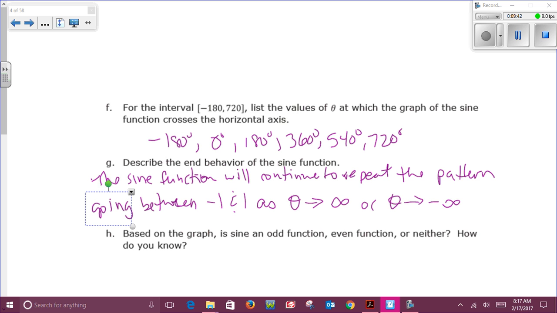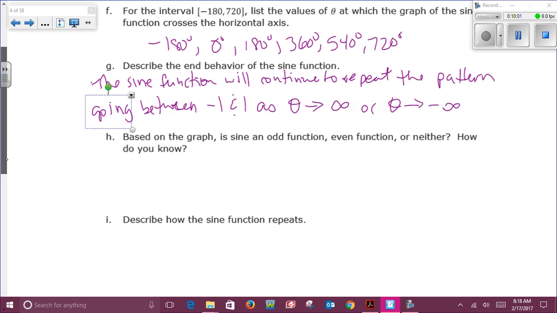So it means basically going in either direction, it's going to continue to repeat the behavior. So there really is no end behavior with a sine function like with the polynomial functions where they either both went up, both went down, one side went up, one side went down.